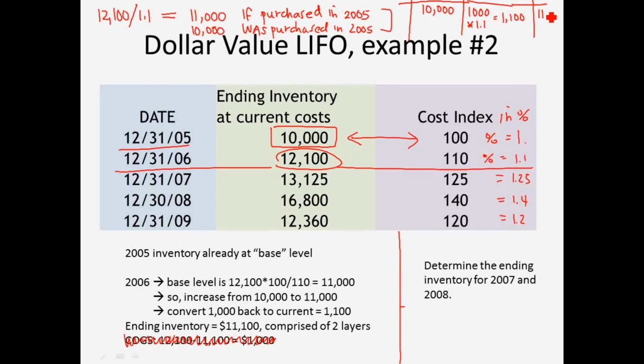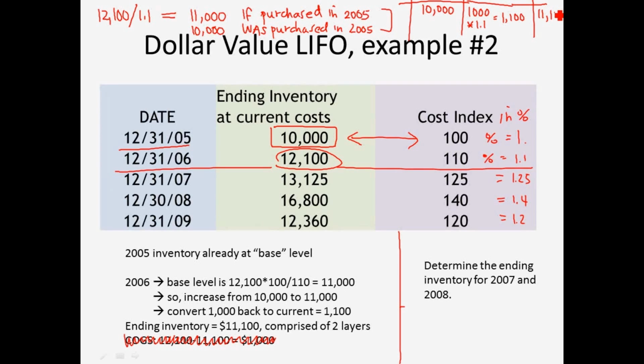So my ending inventory is going to be $11,100. Why? Well, first, I'm saying if I purchased it all way back when, it would have cost me $11,000. But I didn't. If I had, that would be great, and then my inventory would have been $11,000.